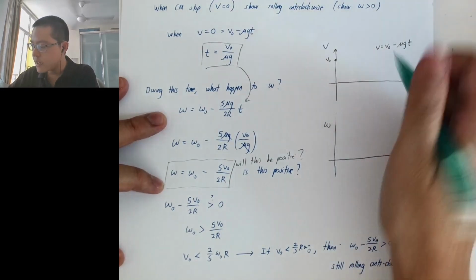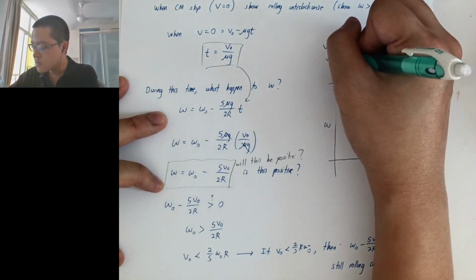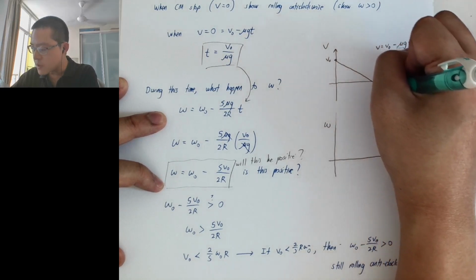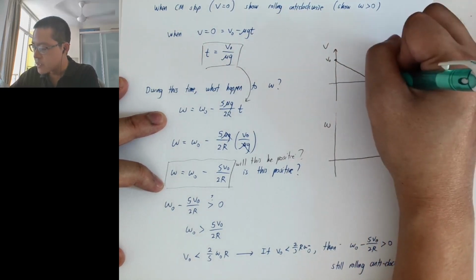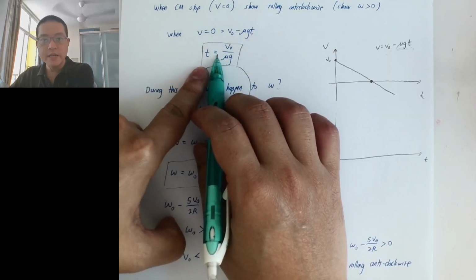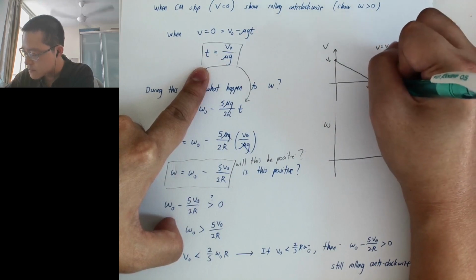Just look at this graph. This is a negative slope with T. Plotting this function as a math function, it will become 0 here. We have found that this becomes 0 at T equals V naught over mu G.